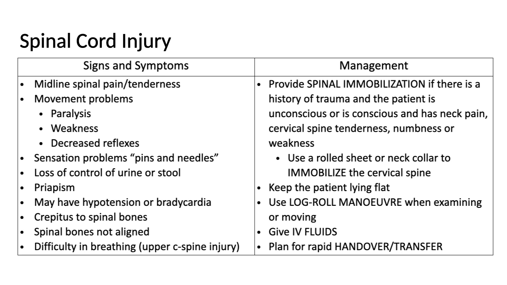And when you want to do exposure, you have to do the log roll. And those with hypotension, they need to get IV fluid. And then you need to decide if you have appropriate service to manage this patient or you need to transfer.